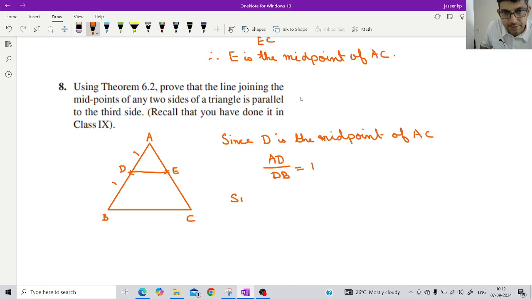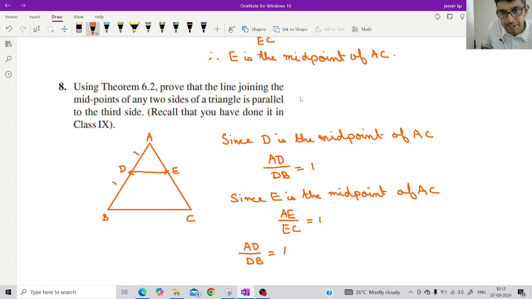Similarly, since E is the midpoint of AC, AE by EC is also equal to 1. So that means the ratio AD by DB is the same as AE by EC.